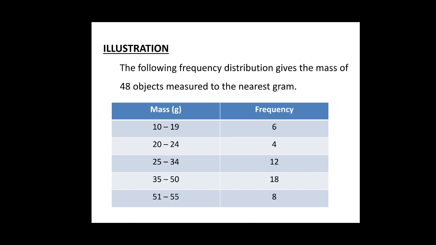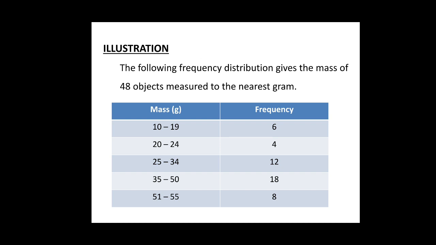Let us illustrate this with the help of an example given here in this slide. The table gives the mass of 48 objects measured to the nearest gram, and we have to present this information with the help of a histogram. Just look at the table carefully.